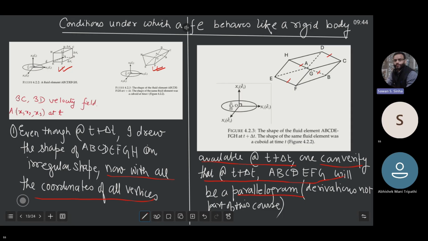Parallelogram means what? These 4 edges that I am drawing here will be the same, and if I look at another group of 4 edges, they will be the same too, in the limit of delta t being small.